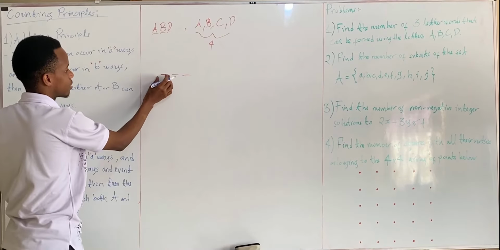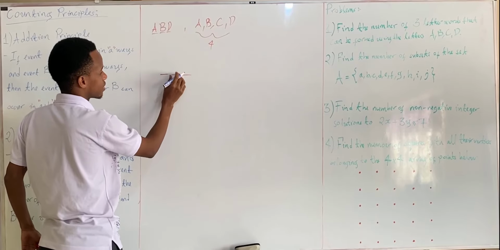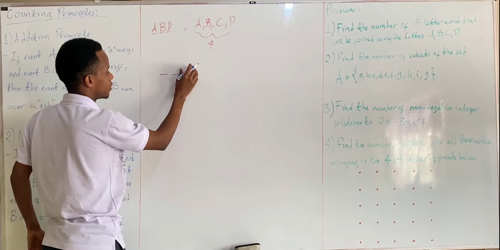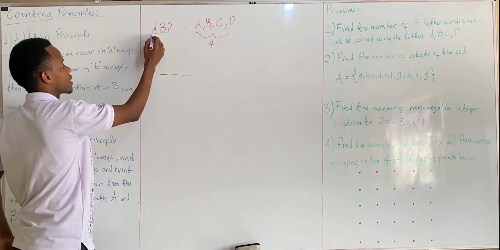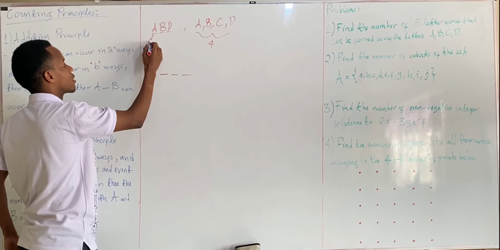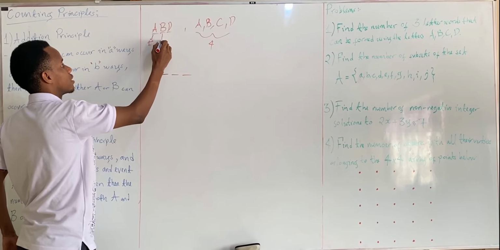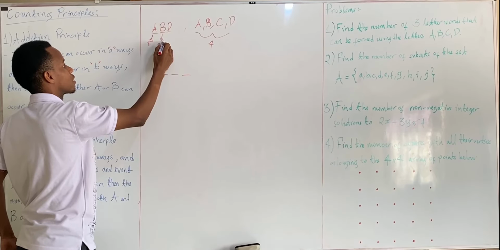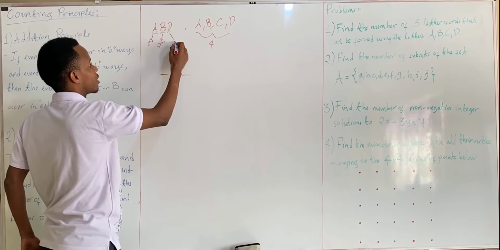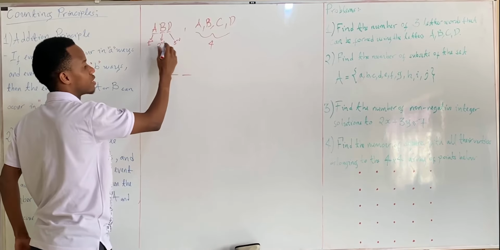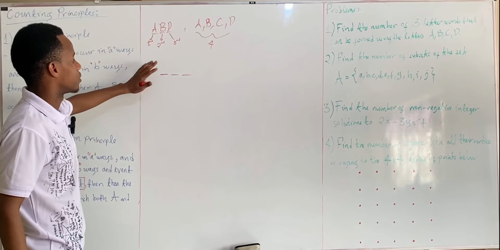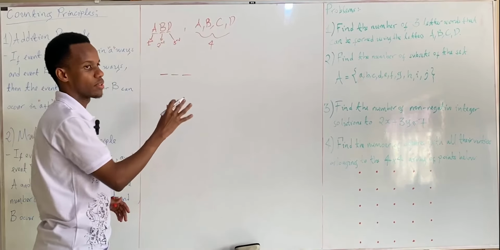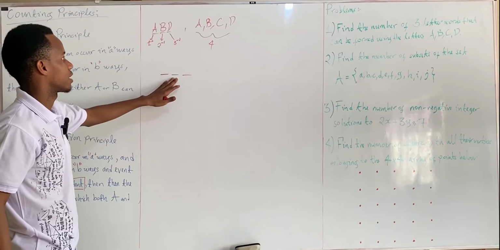So the first letter will be here, the second letter will be here, and the third letter will be here to form the words that we want. So in this case, the first letter is A, the second letter is B, and the third letter is D. So each and every word will be categorized into 3 parts: the first letter, the second letter, and the third letter.